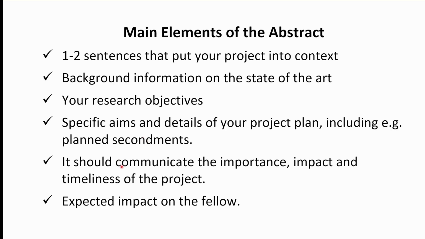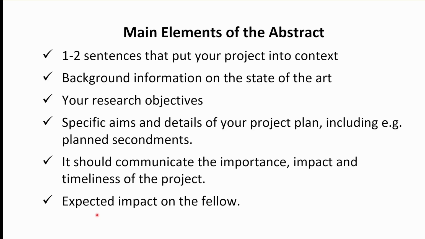In maybe the third part of your abstract, you should tell the impact, importance and timeliness of your project. And lastly and importantly, you should tell how this will have a career enhancement effect on the researcher's career, or your career.